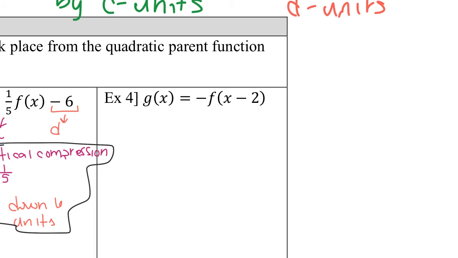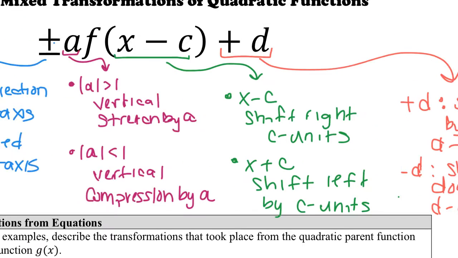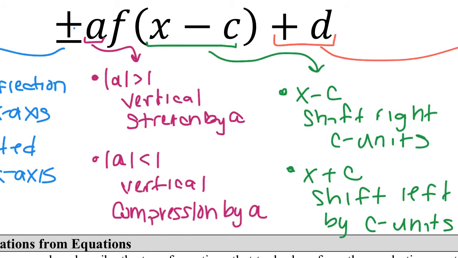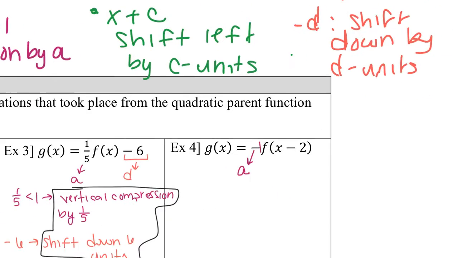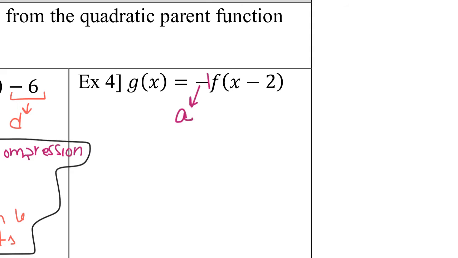g of x equals negative f of x minus 2. Okay, well, negative in the front. Now, there's a 1 here that nobody writes. So the only a we have to worry about is the fact that it's negative, because if you look at your layout, there's nowhere on a that says equal to 1. If you multiply something by 1, you're not actually changing it, which doesn't create a transformation. But the fact that it's negative does.